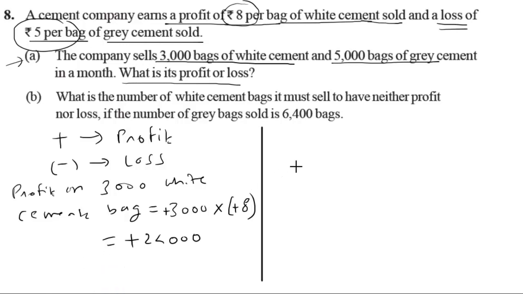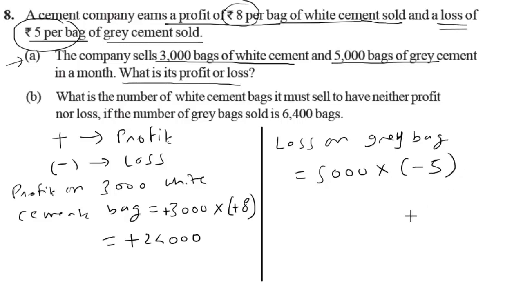Now let us calculate the loss on grey bags. Here 5000 bags of grey cement have been sold, so it is 5000 bags multiplied by the loss per bag, that is minus 5.